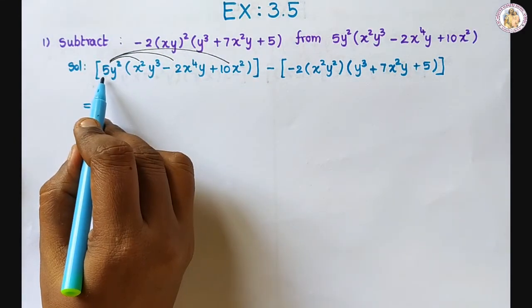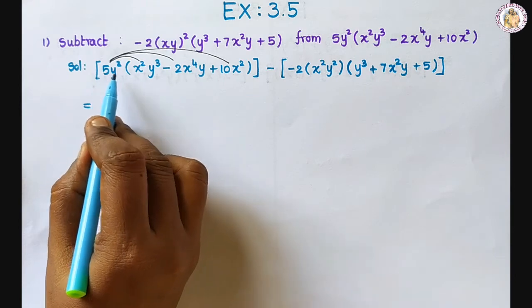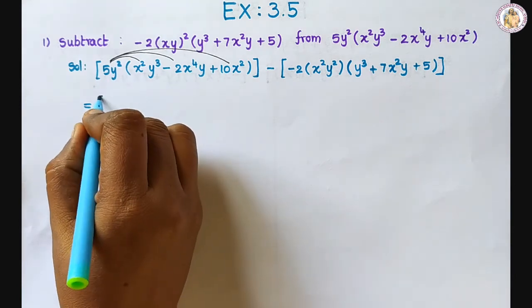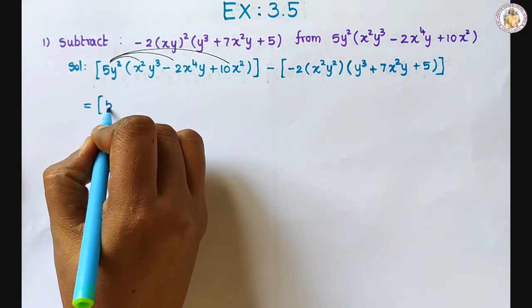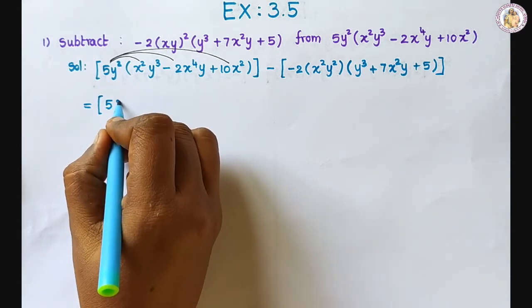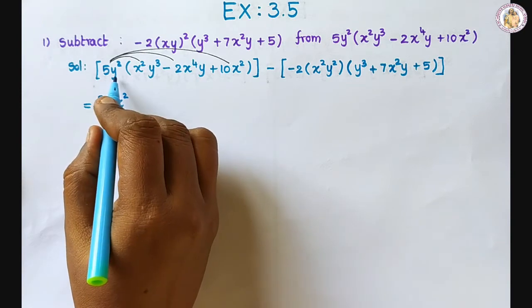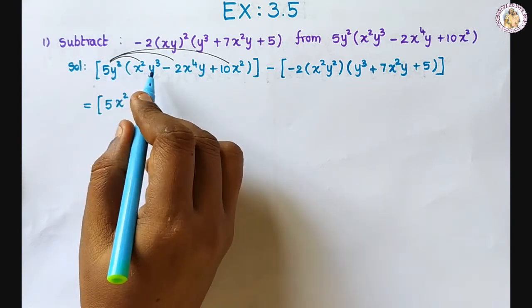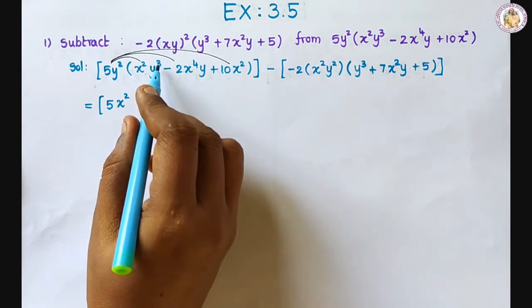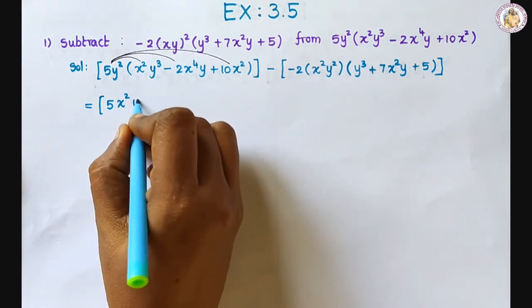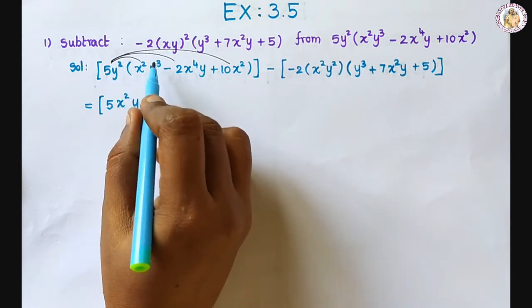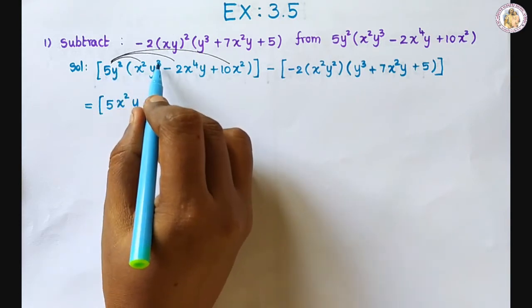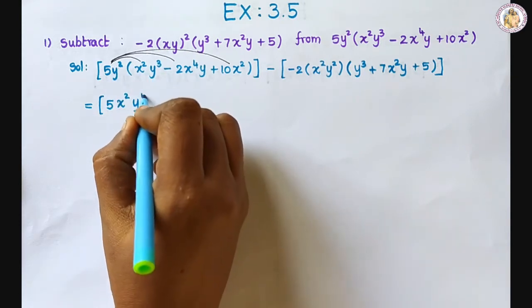So first multiply the sign, plus into plus, plus. 5 into 1, 5, here only x squared, so write down, and y power 2 into y power 3, base are equal, add the powers, that is the product law. 2 plus 3, 5.